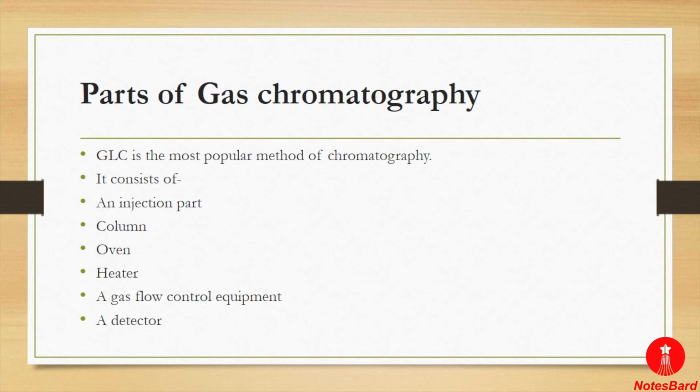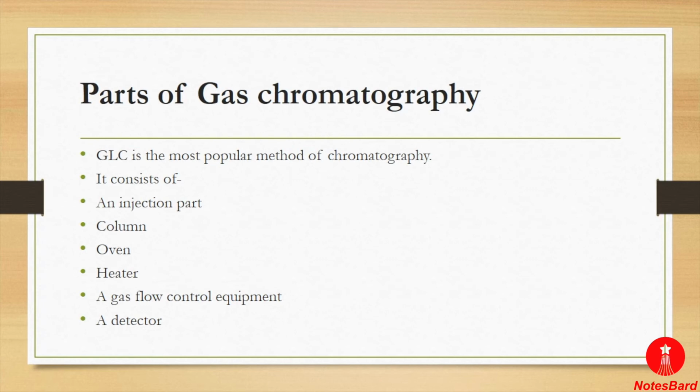Now the second instrument is the column. In this method, the sample mixture is injected into these columns. Now the third equipment is called the oven. This oven is used to control the thermostatic temperature of the columns between 50 to 250 degrees Celsius, and it doesn't allow heat transfer from or into the column, and that's why it maintains the temperature of the column.